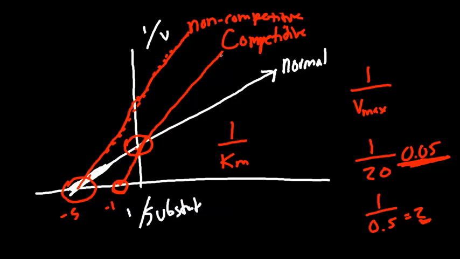So if we have a competitive inhibitor and we're at -1, we'll just say we're at 1 since we're getting rid of that negative. We'll say we're at 5 since we're getting rid of that negative. Same difference. Or we could just deal with the double negative and cancel out. So our Km is 1 over here. Well, 1 divided by 1 is 1. And over here, 1 divided by 0.2 is 5.